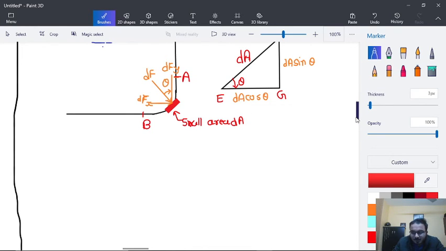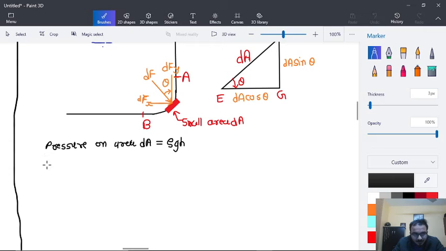Now let's begin with the pressure. On area dA, it will be equal to rho g h.